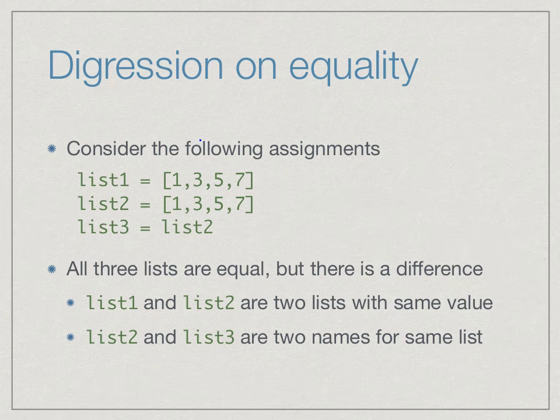There is exactly one list to which they are both pointing. So if we update list3 or we update list2, they will continue to remain equal. So there are two different notions of equality: whether the value is the same, or whether the actual underlying object that we are referring to by this name is the same. In the second case, updating the object through either name is going to result in both names continuing to be equal.